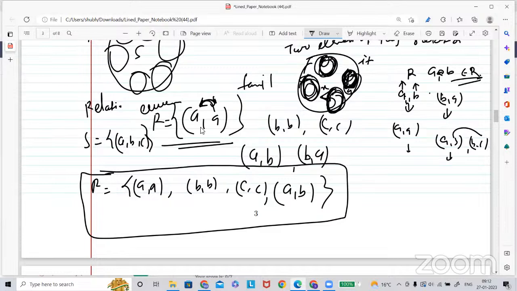It should contain all the diagonal elements, that is the compulsory part, but apart from this it can contain extra elements also. In that case, it is reflexive but not symmetric. But if the situation is like this, then it is going to be reflexive and symmetric also. Got it, sir. Thank you.